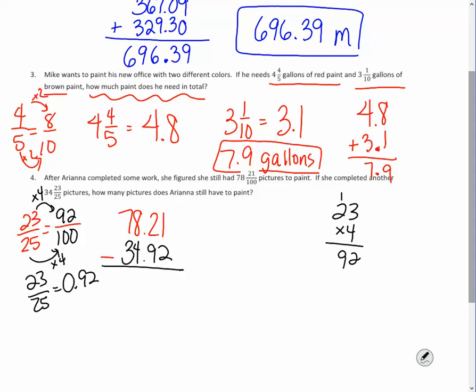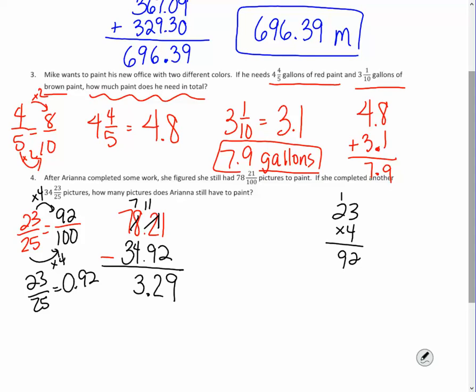That's how many she has already done. So we need to subtract. So 1 minus 2 doesn't work, so we've got to go next door. Make this a 1. We're going to borrow. That now becomes an 11. And we are going to have 11 minus 2. 11 minus 2 is 9. 1 minus 9 can't happen. We've got to go next door and make that a 7. So this is 11 minus 9, which is 2. Bring down your decimal point. 7 minus 4 is 3.